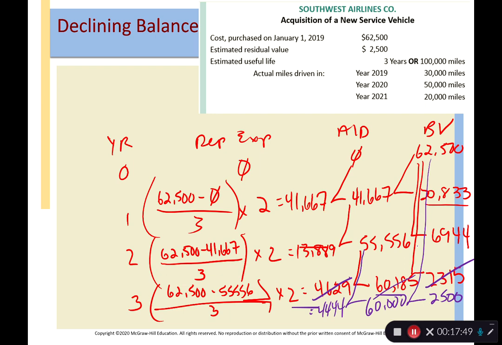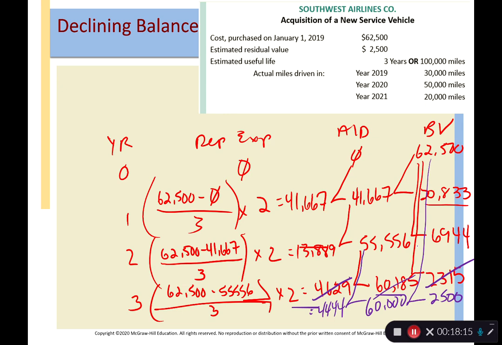So the problem with double declining balance is that we are not going to automatically get it to go down to residual value. So in the final year, we need to compare the book value that we calculate to the residual value to determine the appropriate amount of depreciation. You could have also just said after year 2, 6,944 is where we ended up. We go down to 2,500.